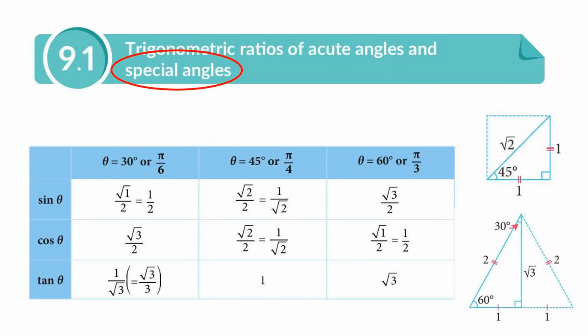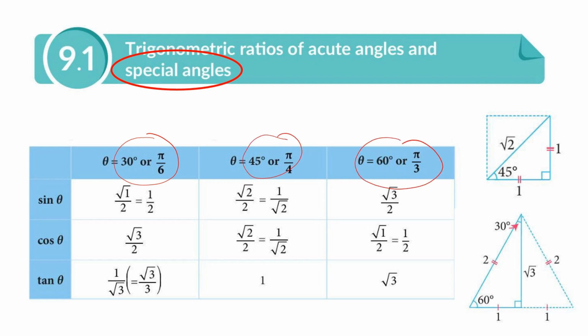Now, the other basic knowledge that all of you must be familiar with is the trigo ratio of special angles. In this table, it shows the relationship of the various trigo ratios of the respective special angles. The special angles we are referring to are 30 degrees, or in radian mode pi over 6, and then 45 degrees and 60 degrees.